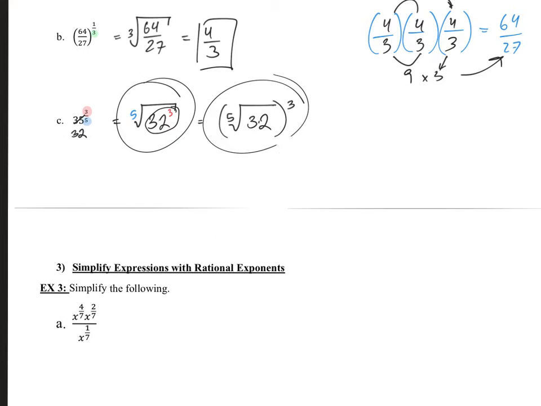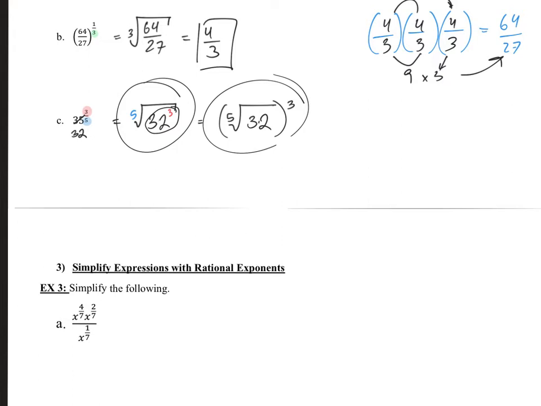If I look at this example here, I want to find the 5th root of 32, which, if such a root exists, would be a smaller number than 32. And then I take that little bitty small number and I cube it, which is way more manageable than what I was trying to do if I went with this method over here.